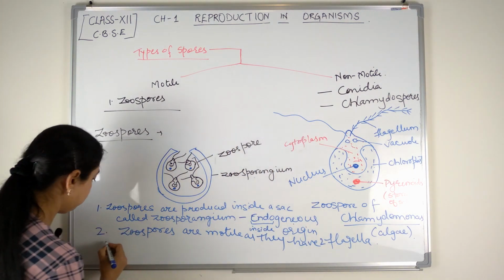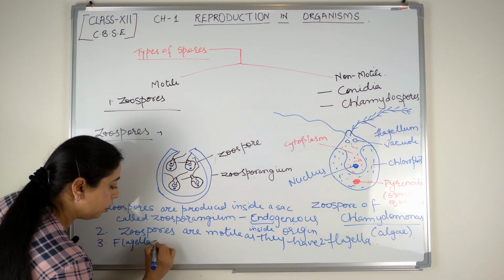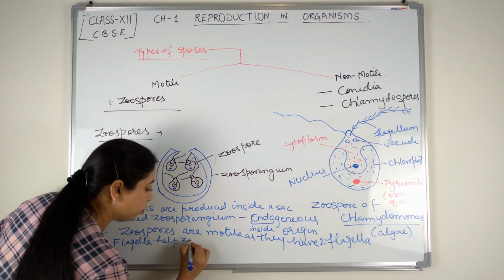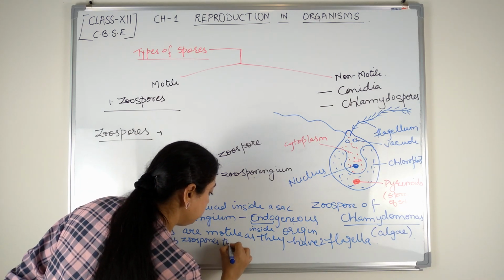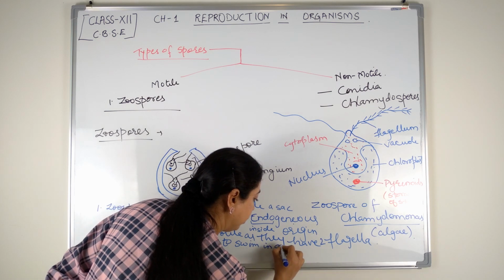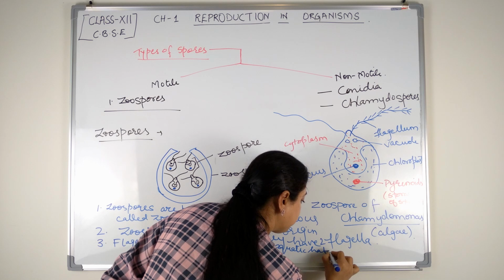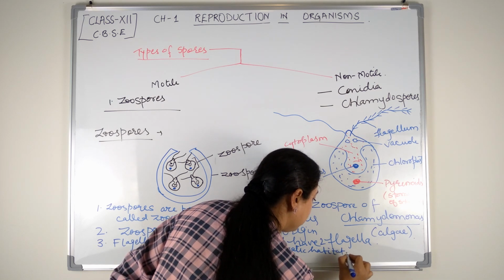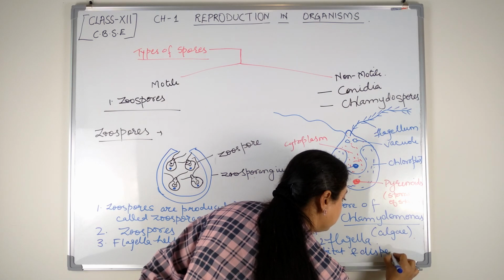So thirdly, flagella help zoospores to swim in an aquatic habitat and disperse easily.